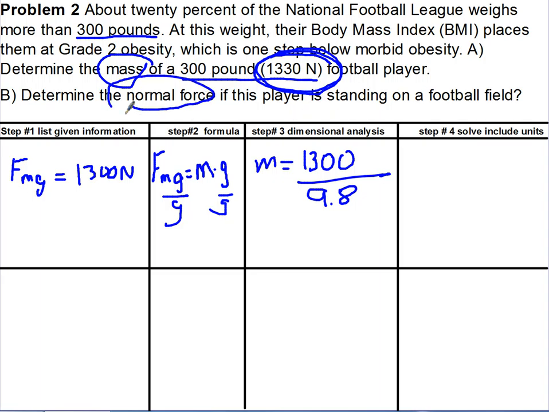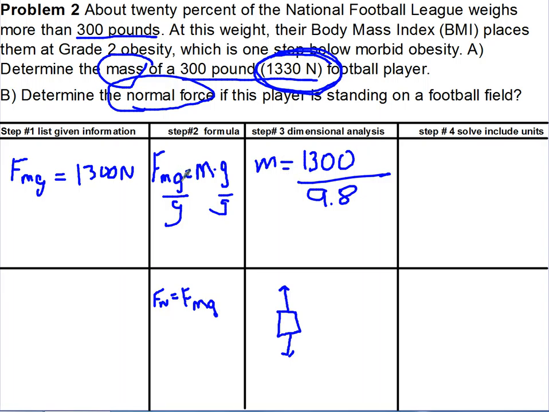This is even easier. This hopefully you remember from the free body diagrams. In terms of a free body diagram for an object that is standing, sitting, resting, not accelerating, basically the formula is that the force normal is going to be equal to the force mg.